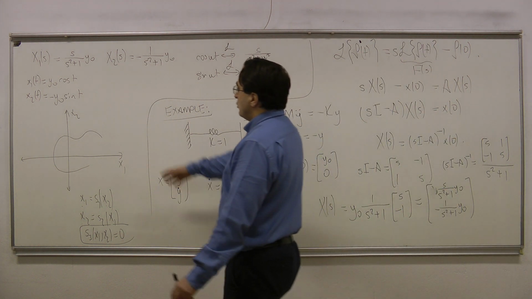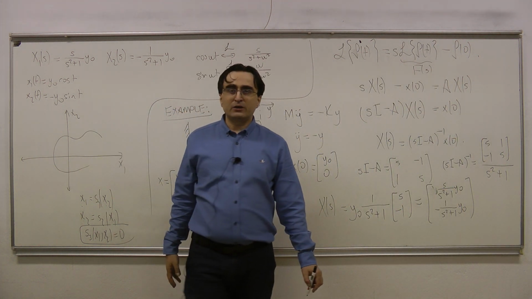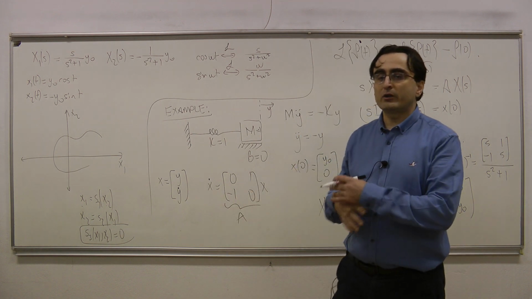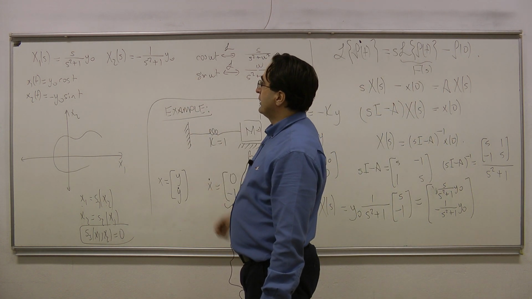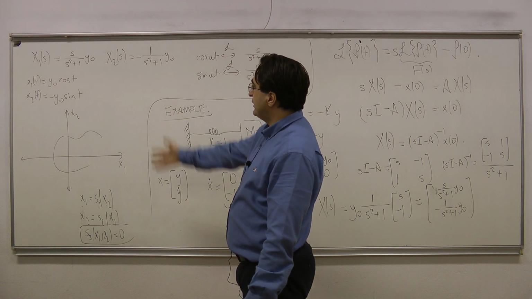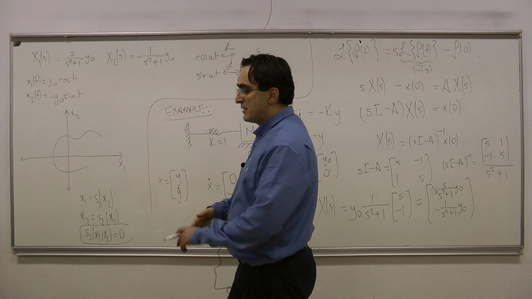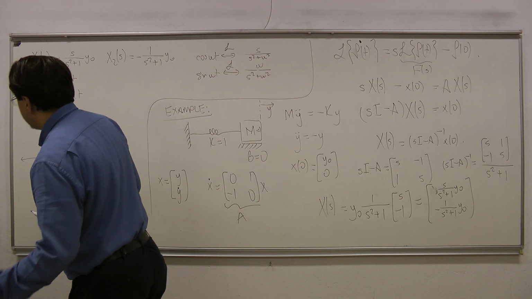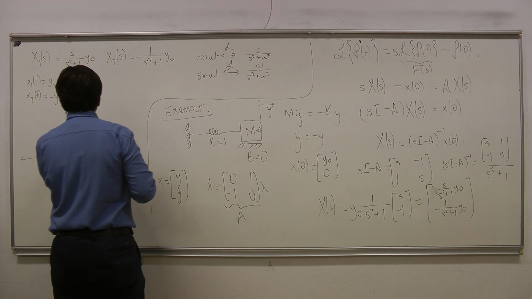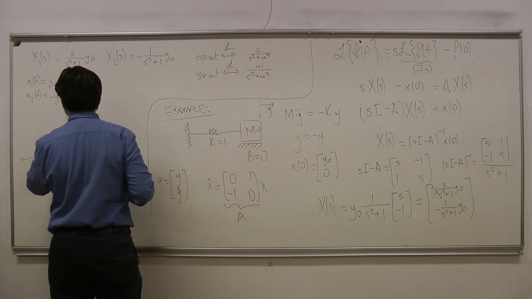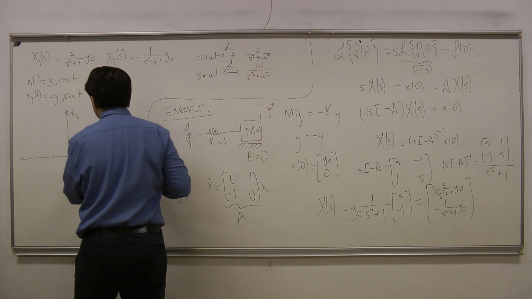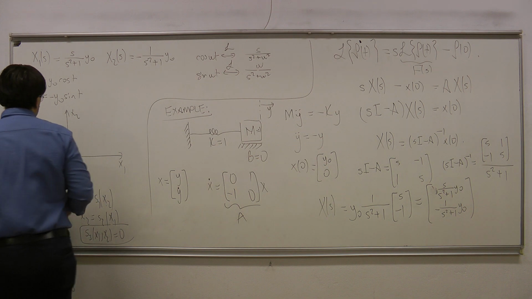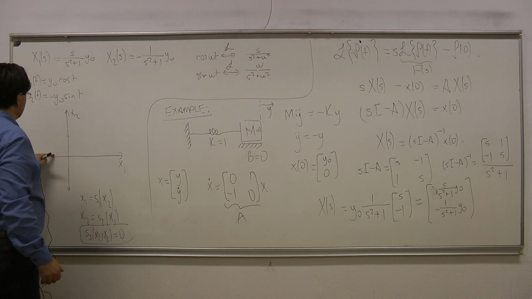That is why, when we have the solution of the differential equation given like this, I need to get rid of the time variable. I need to actually get rid of time t from those equations to obtain my phase plane trajectories. So how can I get rid of the time variable from these x1 and x2? You see that both of them depend on time.